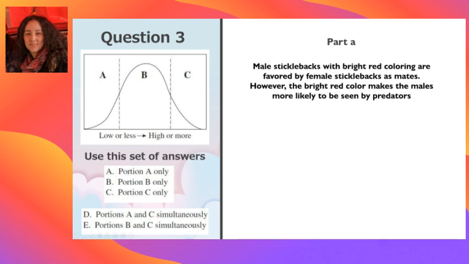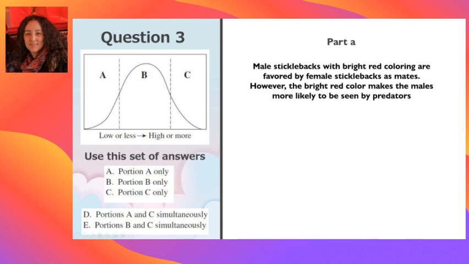And we have these options here. Who is the least likely to be able to reproduce and survive? We have these options, portion A being the pale birds, only portion B being the average birds, or portion C, the red birds.